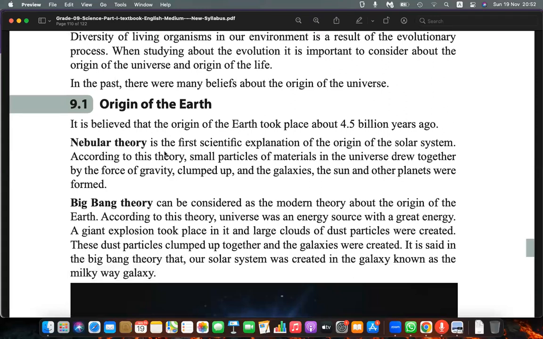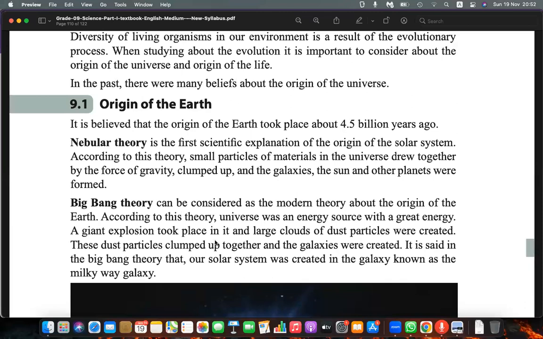This is the first scientific explanation of the solar system, and according to it, small particles or small materials drew together by the force of gravity, and then formed the galaxies, and the Sun and other planets were formed. So this is called the nebula theory.